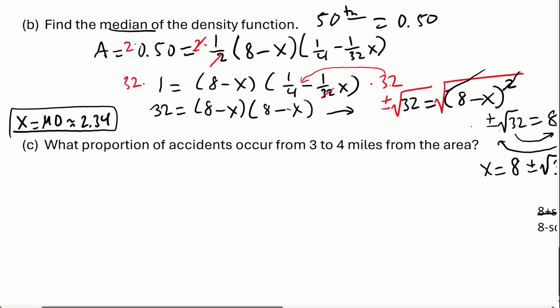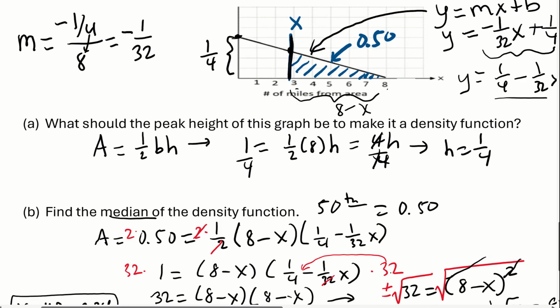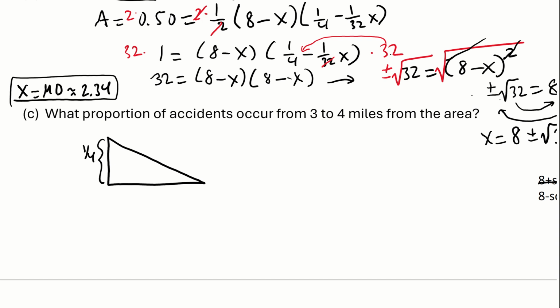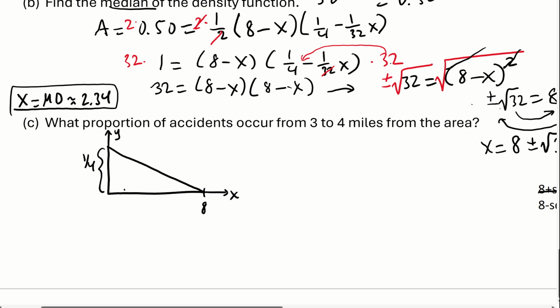All right, and then what proportion of accidents occur from 3 to 4 miles from the area? Now we're going to take this curve, which I'll redraw. This is 1/4, from 0 to 8, and then it says from 3 to 4 miles. So from 3 to 4 miles, we want this shaded region.